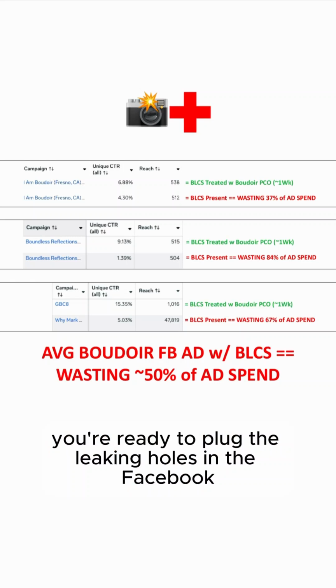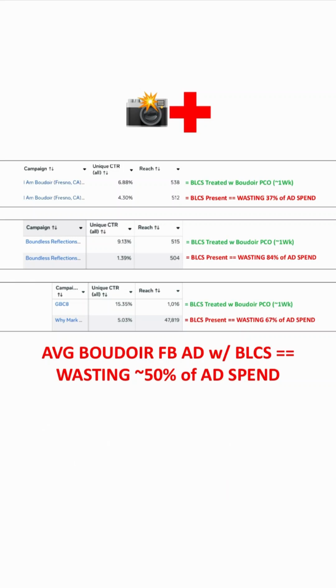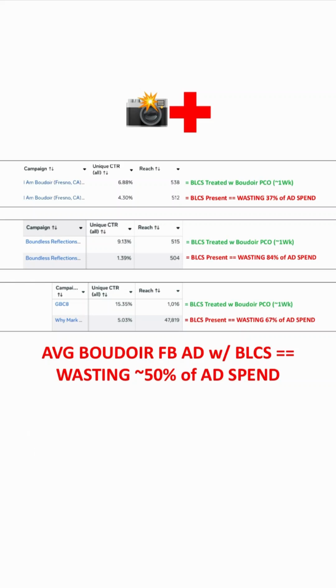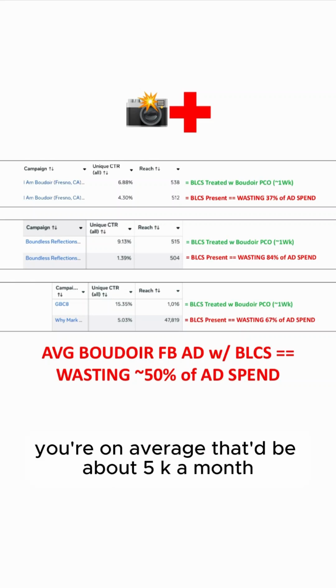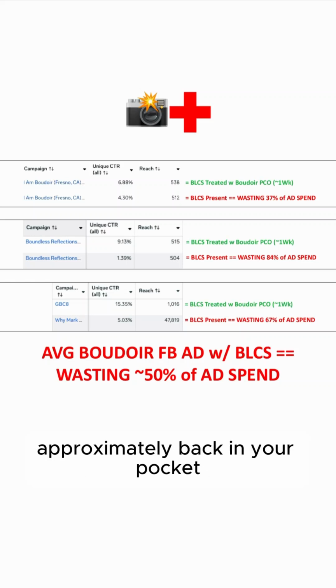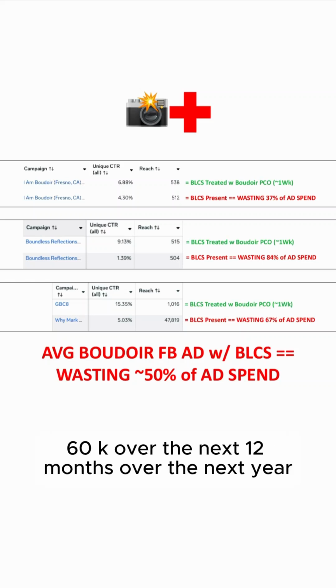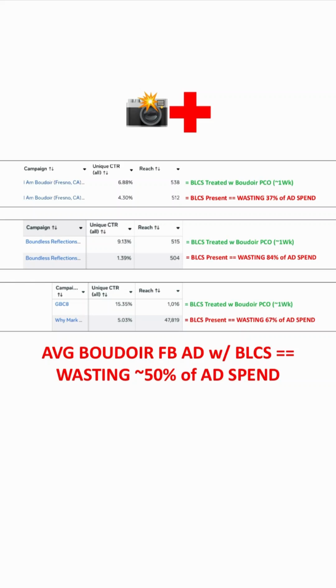Now you're ready to plug the leaking holes in the Facebook ad strategy, because that's easy, just eliminate the waste. And you actually want to keep more money in your pocket. On average, that'd be about 5K a month approximately back in your pocket, and approximately 60K over the next 12 months, over the next year.